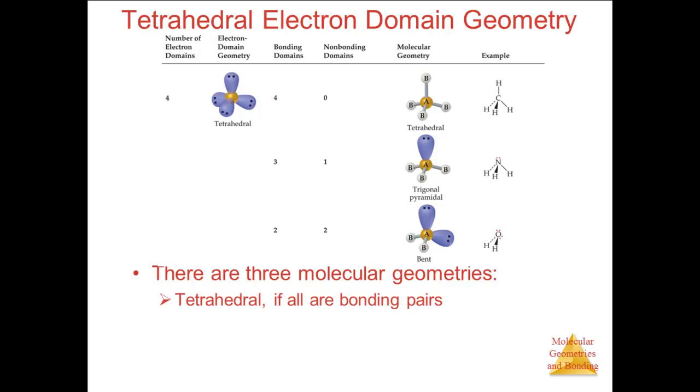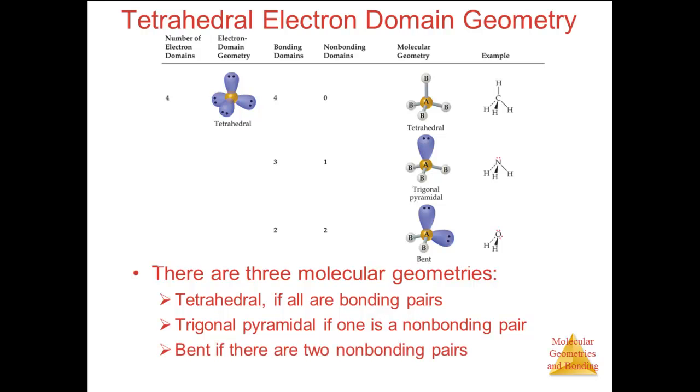If all 4 domains are bonding domains, the molecular geometry is tetrahedral. With 3 bonding domains and 1 non-bonding domain, the molecular geometry is trigonal pyramidal, sometimes called a flattened pyramid. With 2 bonding domains and 2 non-bonding domains, the molecular geometry is bent with angles close to 109.5 degrees.